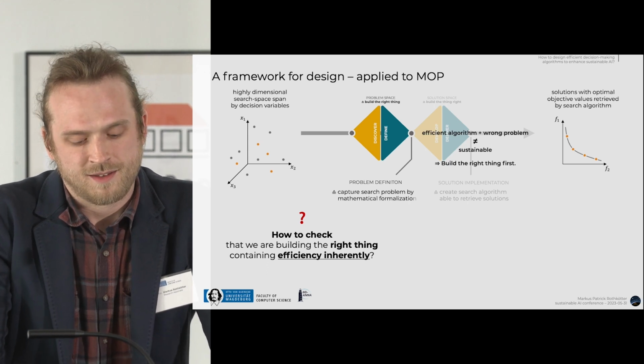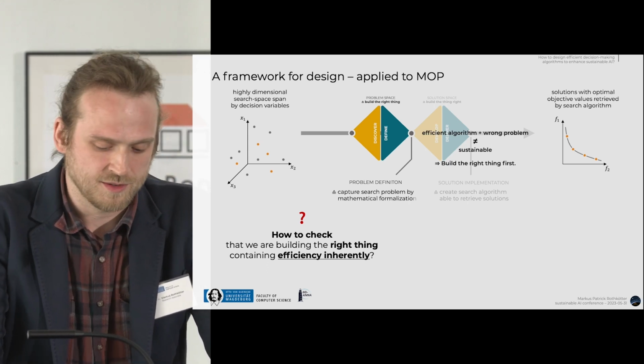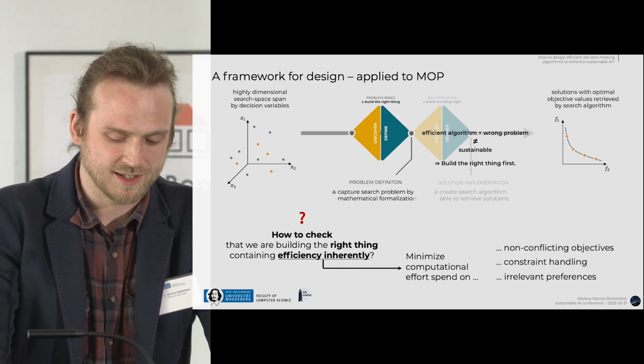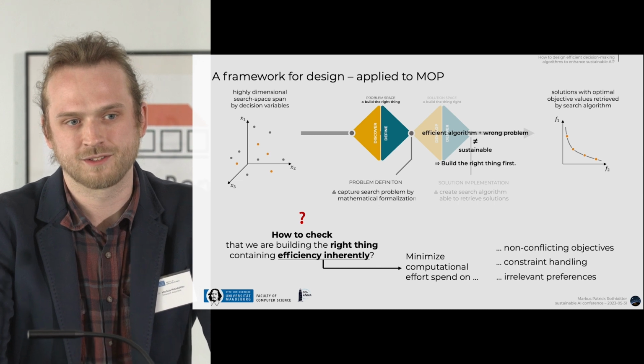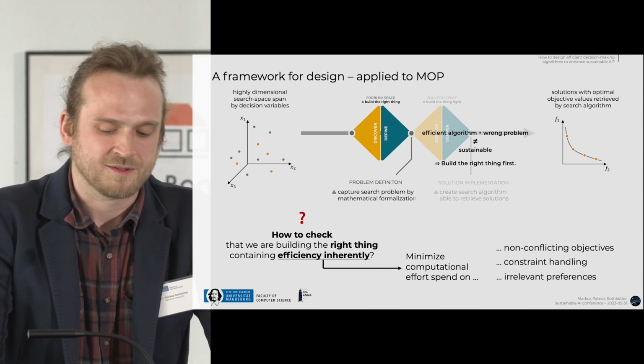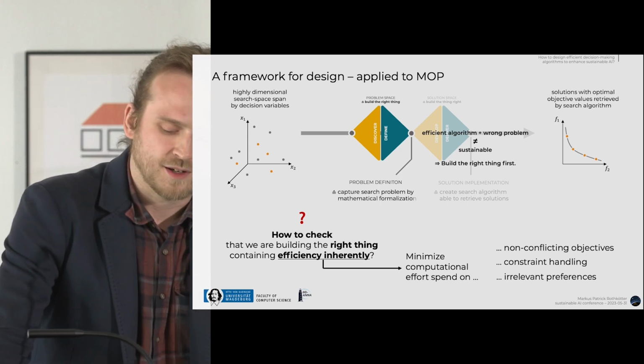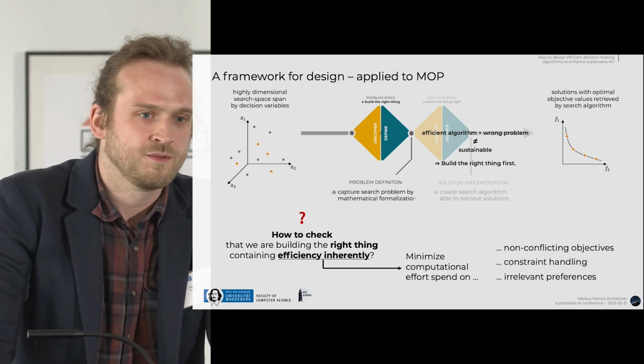And this means, for multi-objective optimization, we want to minimize the effort on non-conflicting objectives, constraint handling, and irrelevant preferences. So now, for the remaining minutes, I have 3 small examples for these.